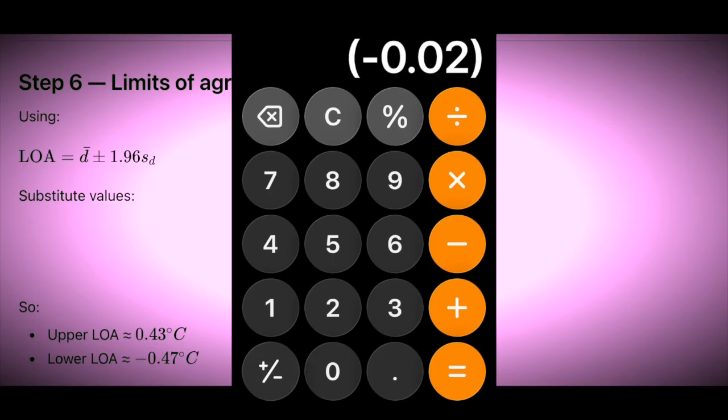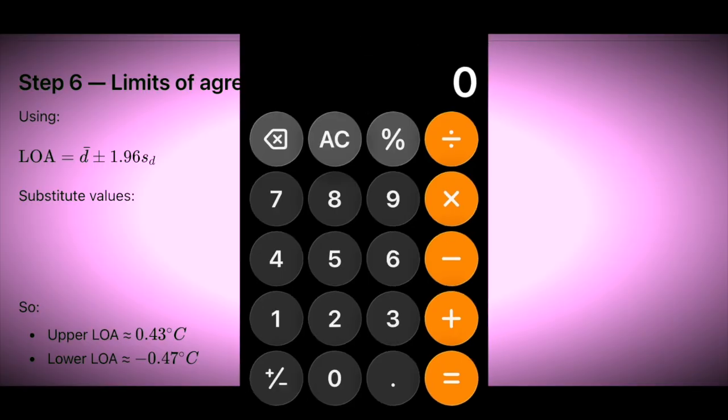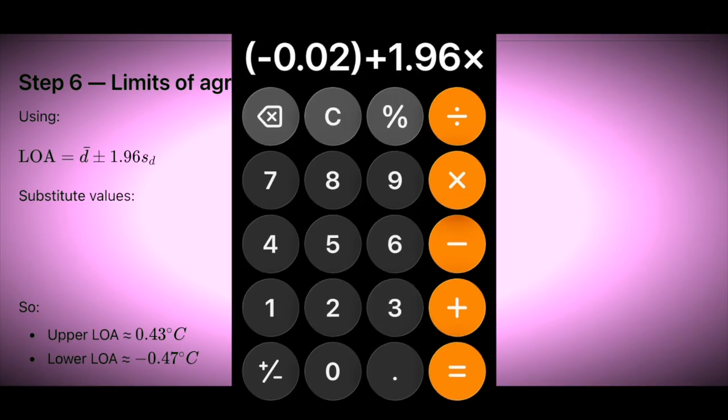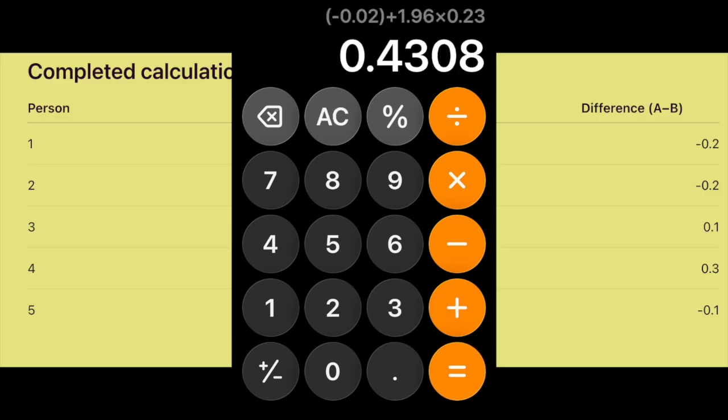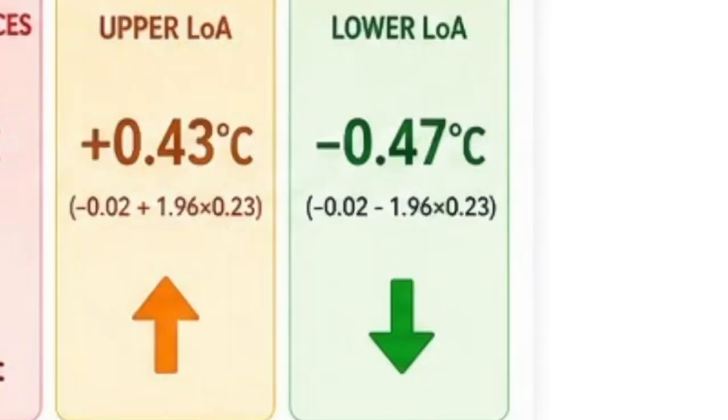We're multiplying by our standard deviation, which is 0.23, and so we end up with a range. So we get 0.02 plus or minus 0.45. And what that equates to then is an upper limit of agreement that is 0.43 degrees Celsius and a lower limit of agreement that is negative 0.47 degrees Celsius.